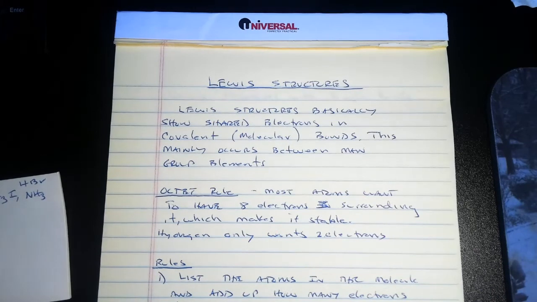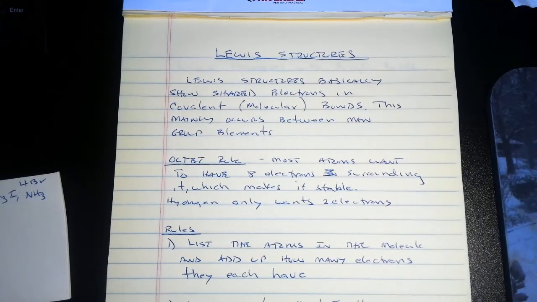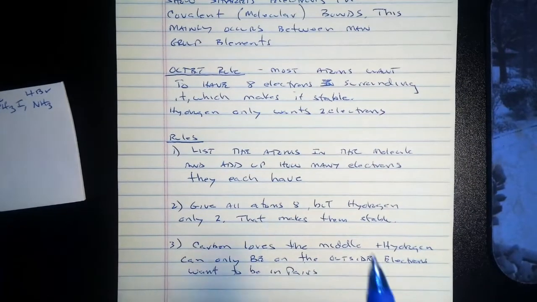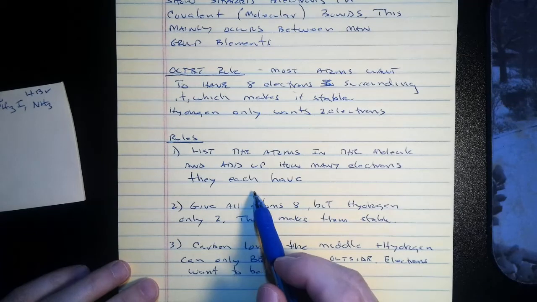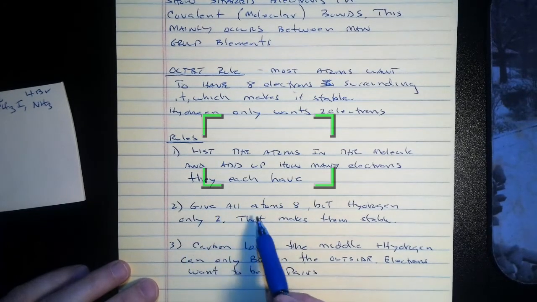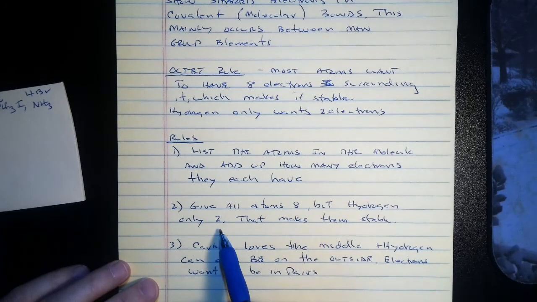Now the rules are, number 1, we list the atoms that are in the molecule and add up how many electrons they each have. Number 2, we give all atoms 8 electrons, but hydrogen only 2. That makes them stable.